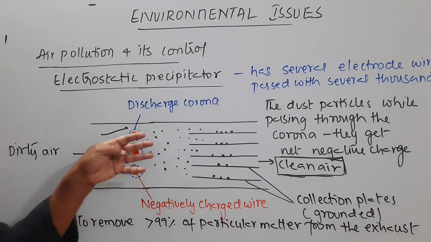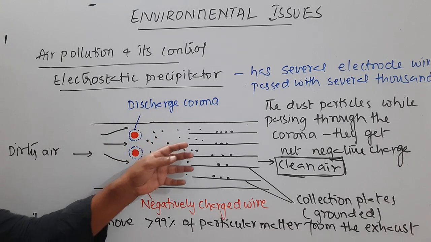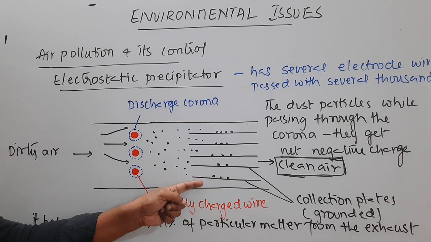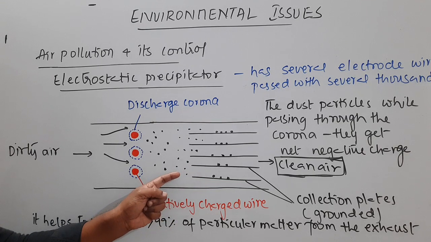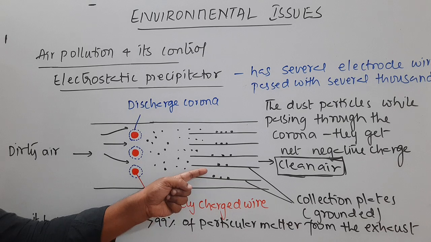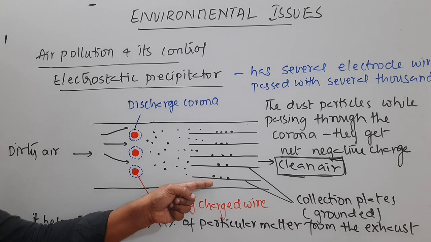And when these negatively charged particles move through these collection plates, which act like positive ones, these negatively charged particles get attracted to the plates and attached to them.